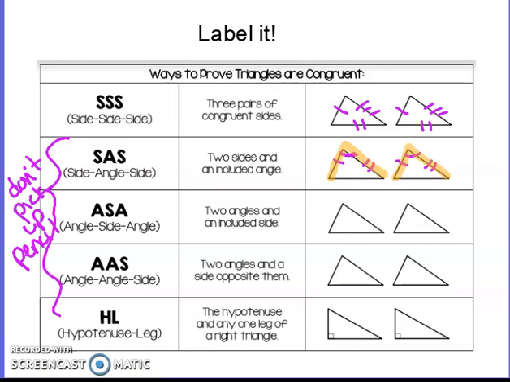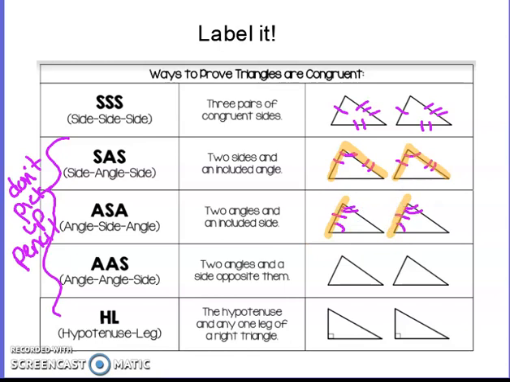When we talk about angle-side-angle, again, you still don't want to pick up your pencil. If I have an angle here and a side here, that means my top angle has to be my next angle, because if I go from angle, side, angle, you need to not pick up your pencil.